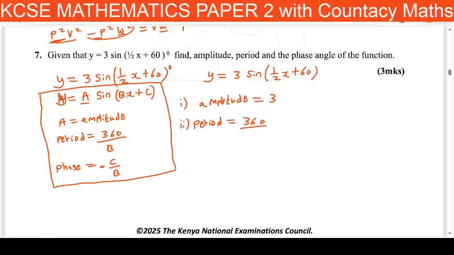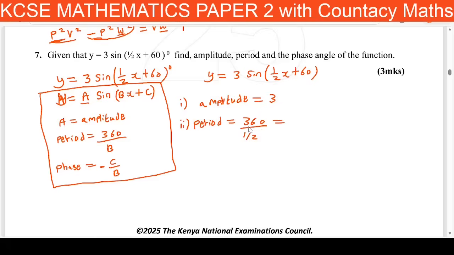So you compare these two. Where does b lie? What's the coefficient of x? It is simply a half. So you just divide by half. What is 360 divided by a half? And actually, you are likely to make a mistake here if you are not careful, because you are likely to say that 360 divided by a half is 180.